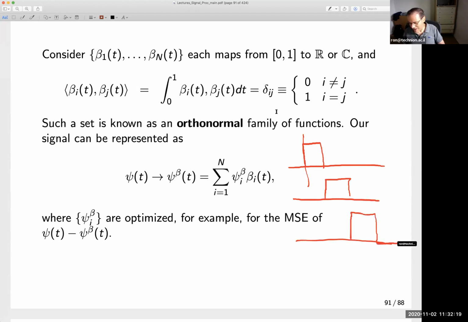So if I normalize them properly, such that the area here is 1, then these functions would be orthonormal to one another, and they would also be a basis for what? For the piecewise constant space. Yeah, thank you. So they would be a basis for the piecewise constant functions.